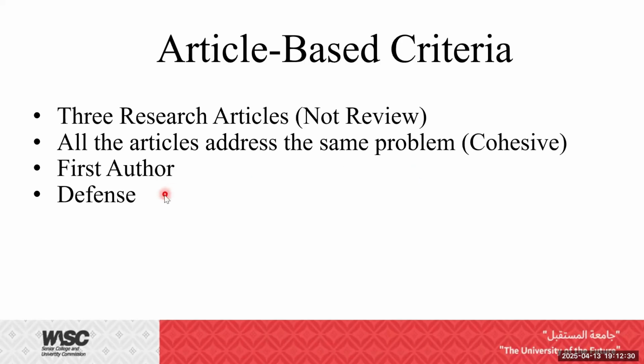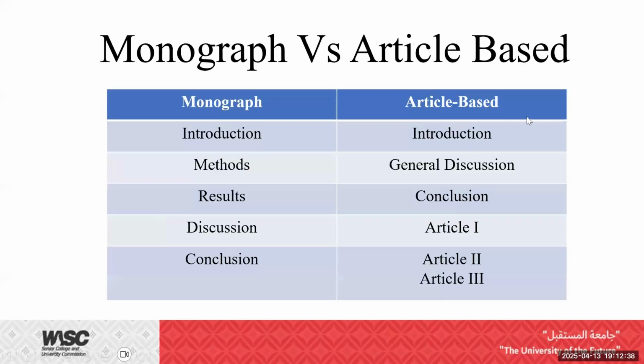Then you hold your defense. Once you conduct your defense, as I mentioned, you just write a general introduction with a discussion and a conclusion. Then you attach the 3 articles with your file, and that's it.